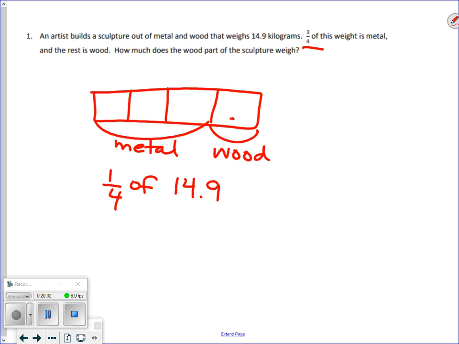of 14 9/10. So you could turn 1/4 into a decimal.